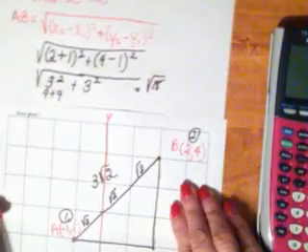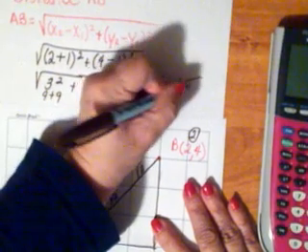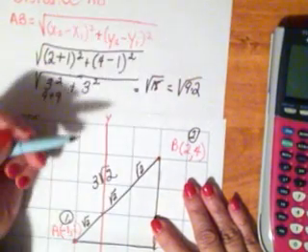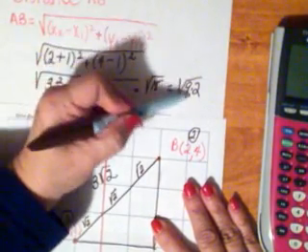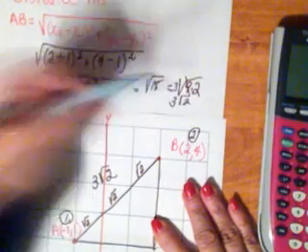And if I break that down, I have 9 times 2. So the square root of 9 is 3, so I'm left with 3 square root of 2.